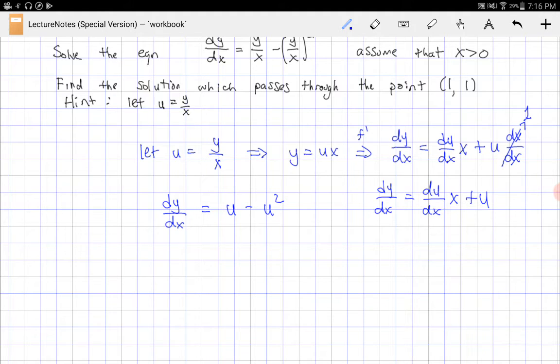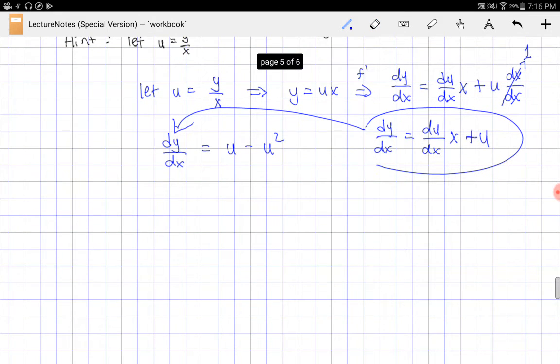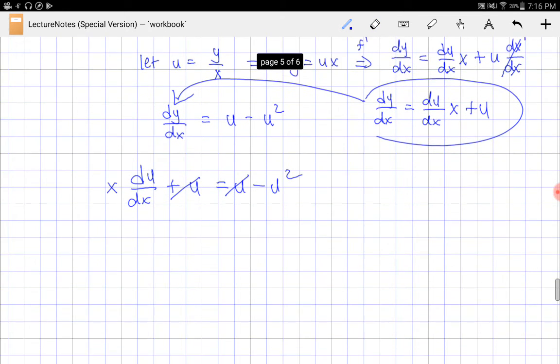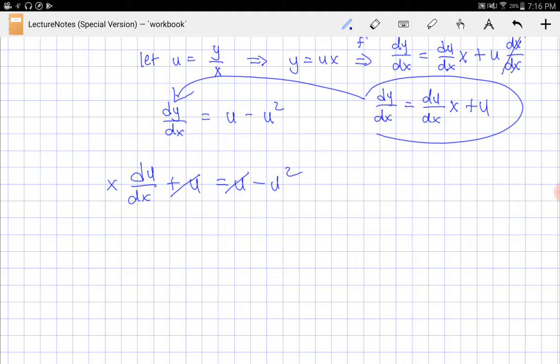And so now we can take this whole thing and substitute it here. So now we have du over dx times x plus u equals u minus u squared. And we see that the u's cancel out, and we actually have a separable equation.